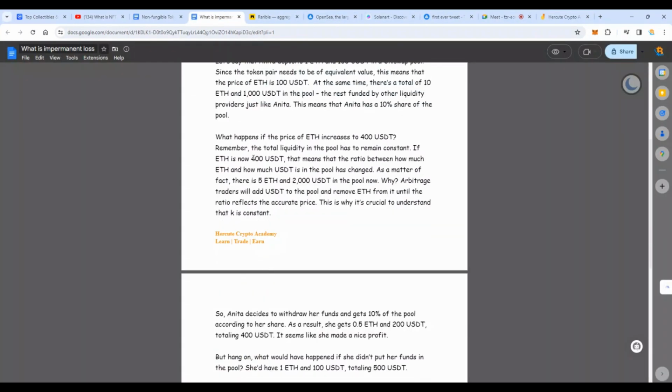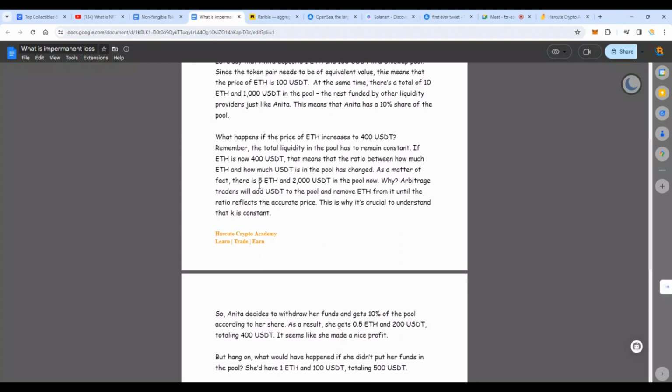Now, in our case, if ETH is now $400 for one ETH, that means the ratio between the ETH and the USDT in the pool has changed. As a matter of fact, there are now 5 Ethereum and 2,000 USDT.